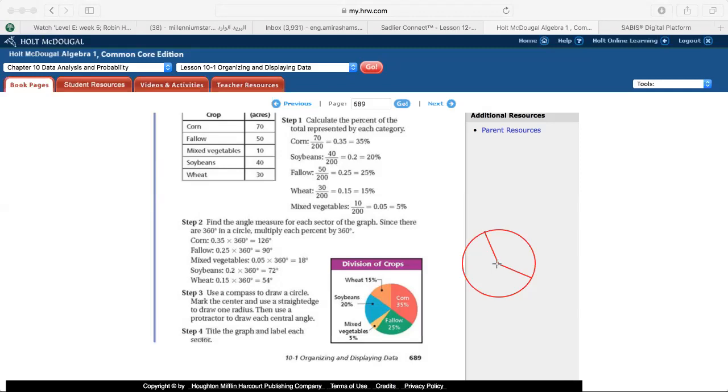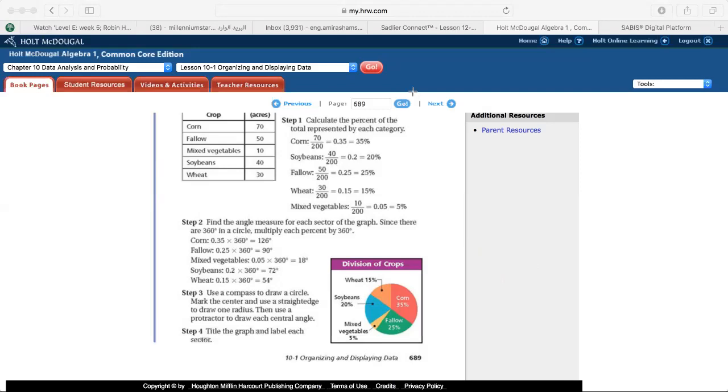It is 90, so it will be smaller, it will be acute. And then the mixed vegetables, then the soybeans, and here I got it. So to draw the circle graph, you must have a compass and protractor and follow the 3 steps. If you follow the 3 steps, it will be so easy for you to complete the circle graph.